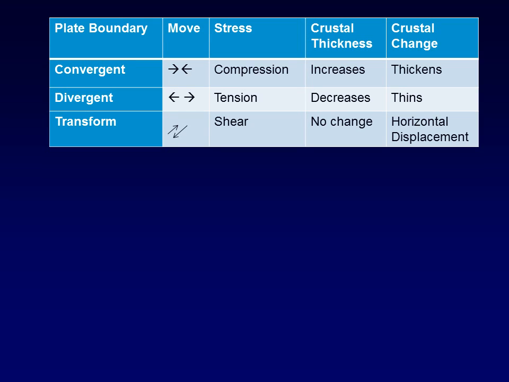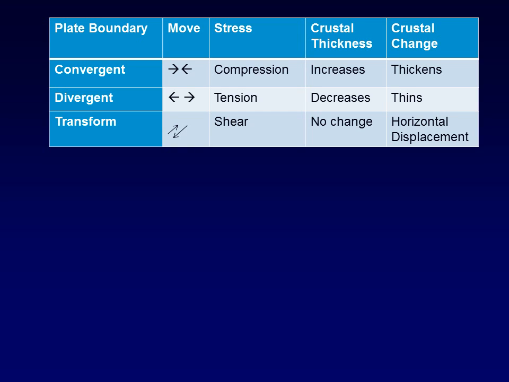The transform boundary, our arrows are moving side by side. Usually it's easiest to put this at an angle and have one arrow moving past the other. The type of stress is called shear, and there is no change in the crustal thickness. Nothing is moving up, nothing is moving down.